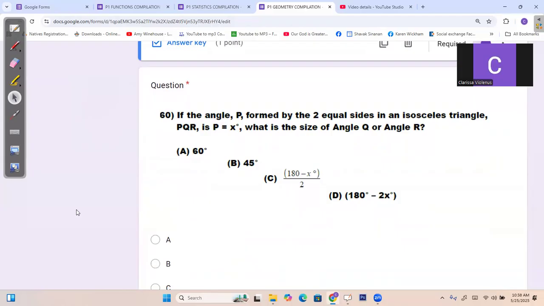All right. If an angle P forms 2 equal sides, it is isosceles, right? So let me just write this down quickly. Sometimes you gotta draw these things out. So that's the 2 equal sides, and this is P. So that means these 2 sides here are the equal sides. What is the size of this?